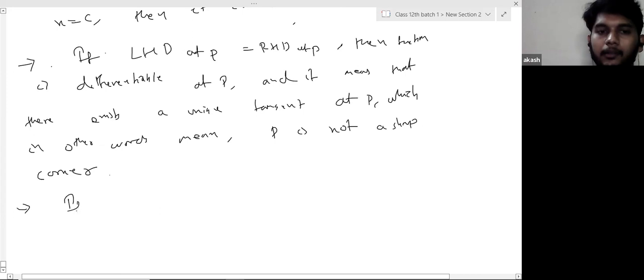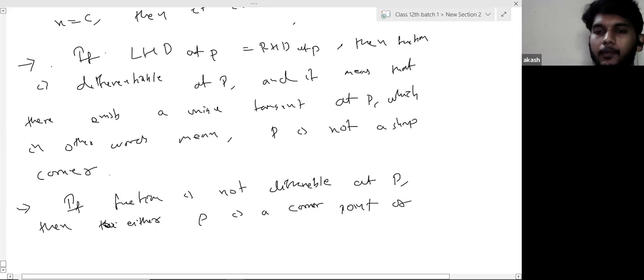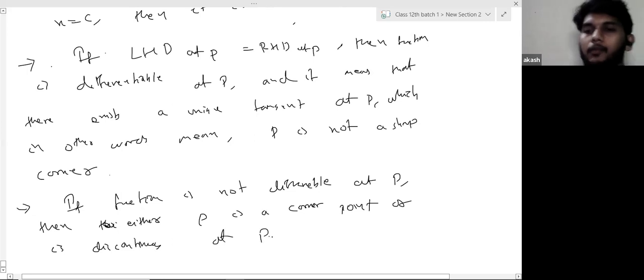All right. If the function is not differentiable at P, then either P is a corner point or the function is discontinuous at P. So when solving questions, always remember this: if a function is not differentiable at any point, then there can be two cases.